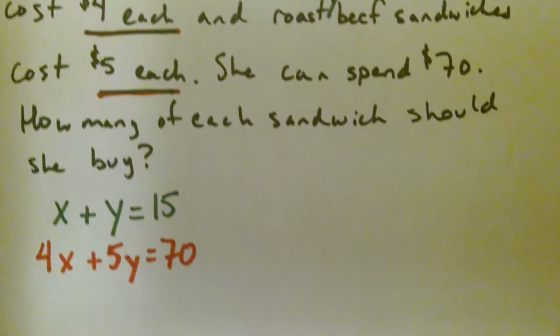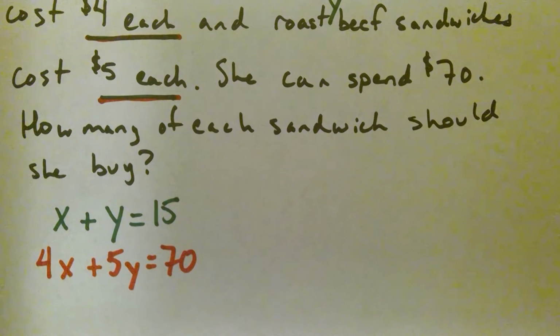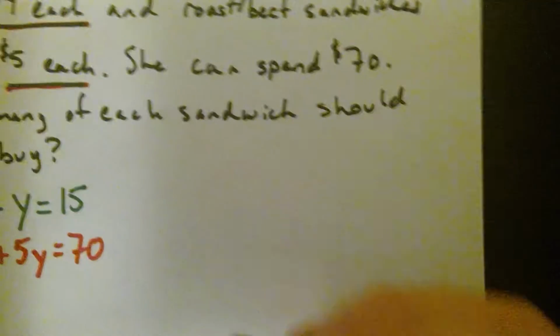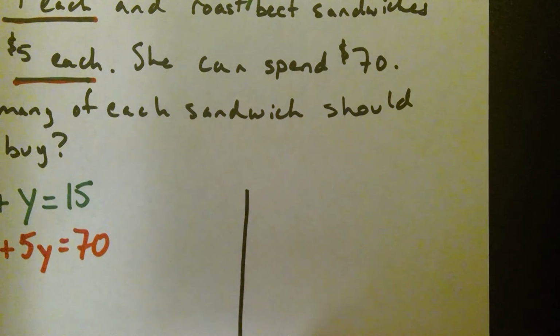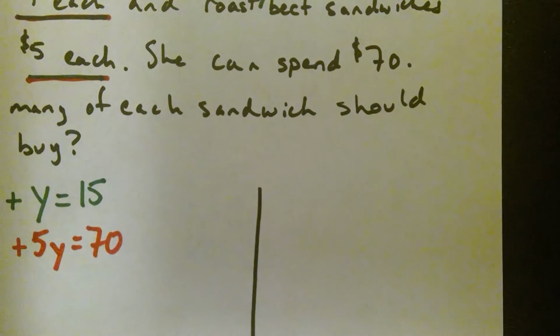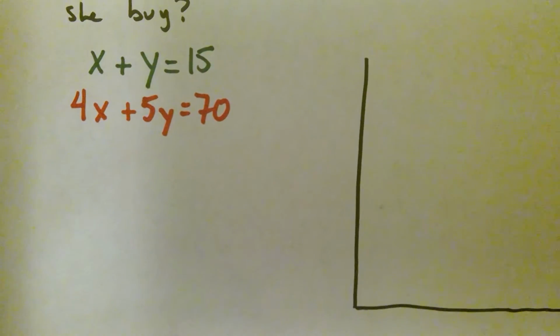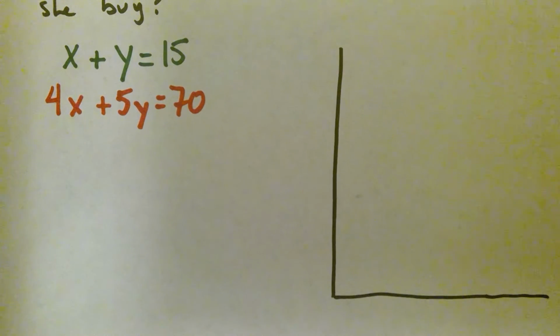Okay, so we have to graph these equations. Let's go ahead and graph them. So I'm going to go ahead and make a graph here. And we'll have to do a little bit of work with our labels. But since we're in standard form, I'm going to rearrange.